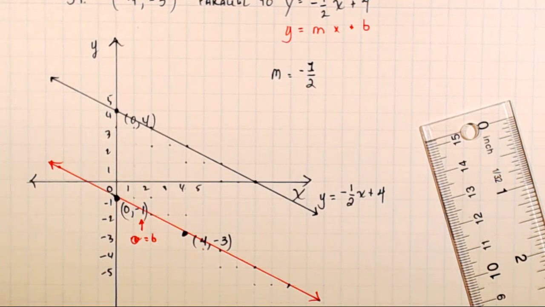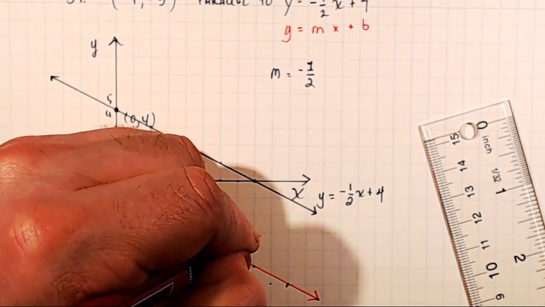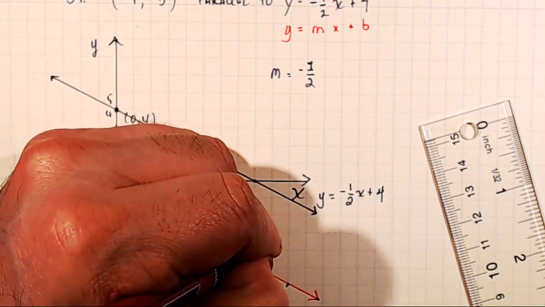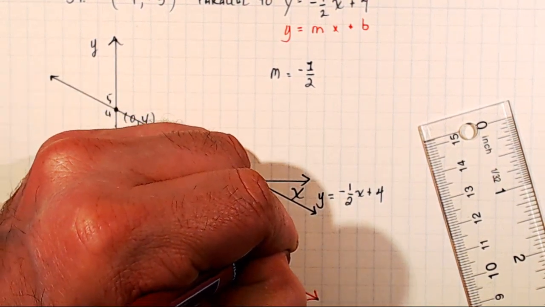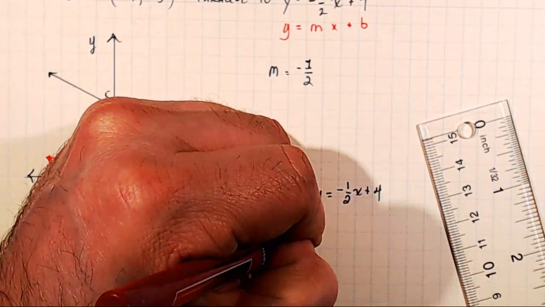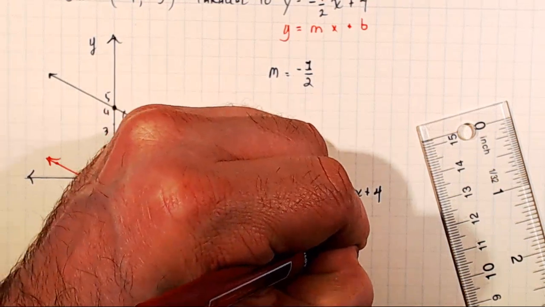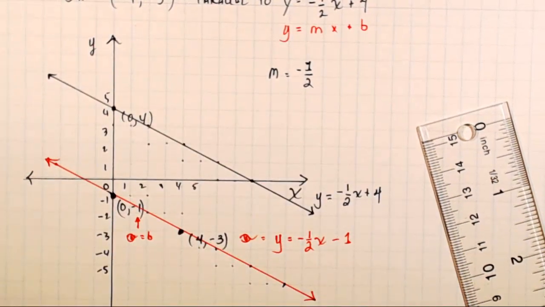So if the slope is -1/2 and the y-intercept is -1, it apparently is the case that my equation of my parallel line is y equals -1/2 x minus 1. That's apparently what I've found.